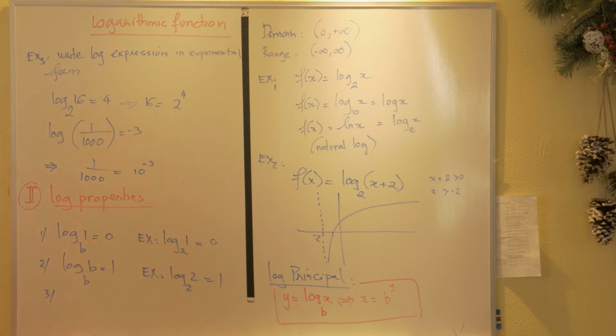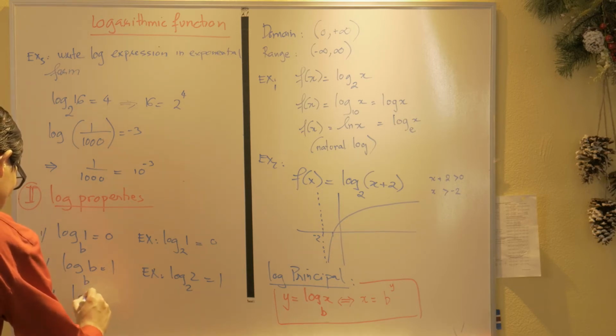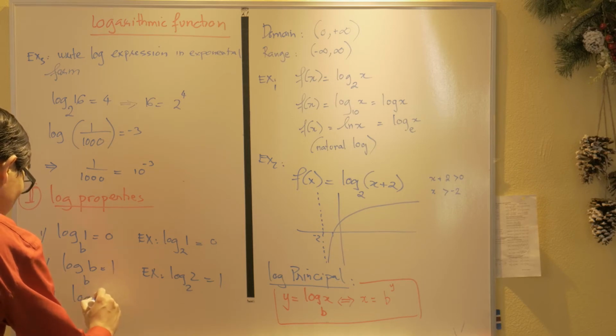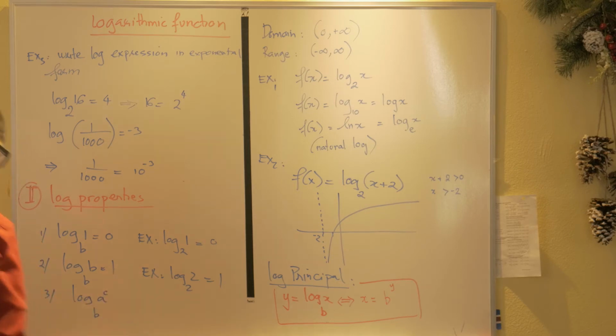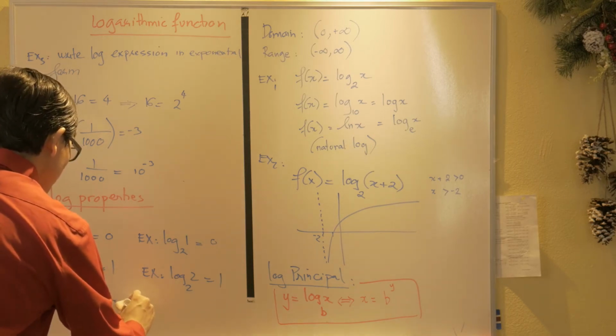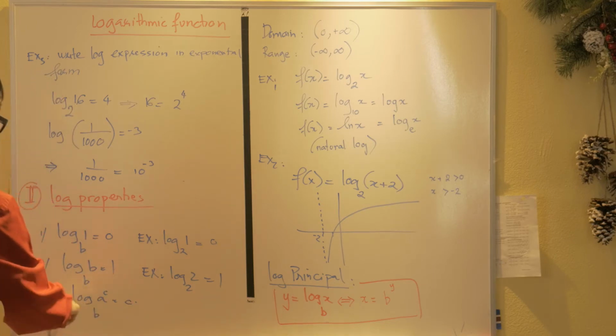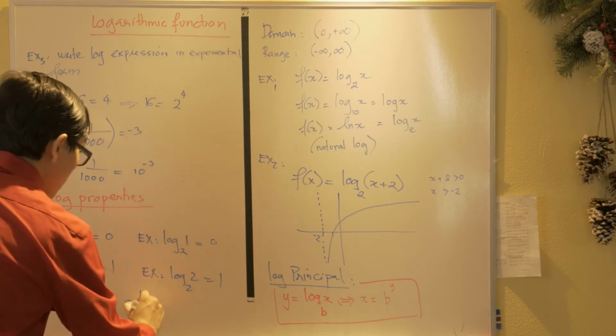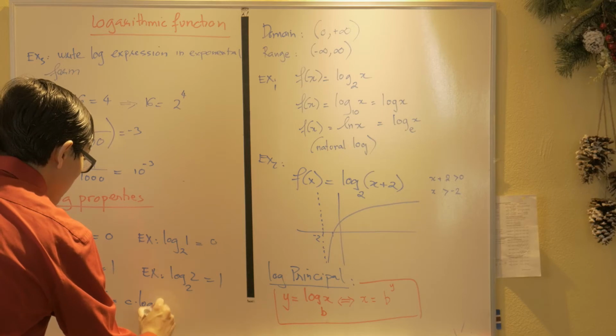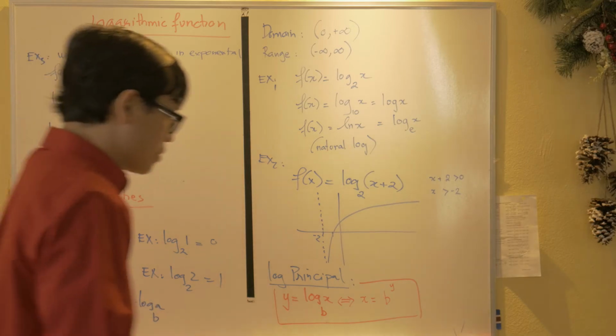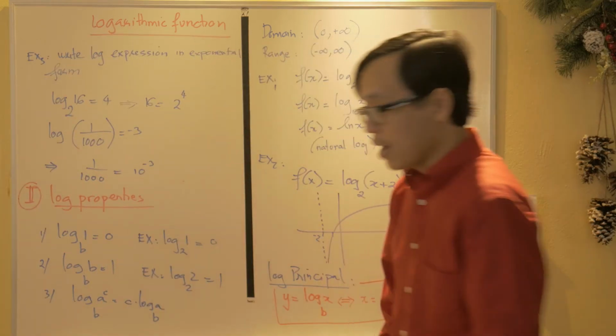Number 3: log base b of a to the c power. So a to the c power in this case is the argument. This is equal to c times log base b of a. You can bring the c to the front. So you see again, I write very carefully.